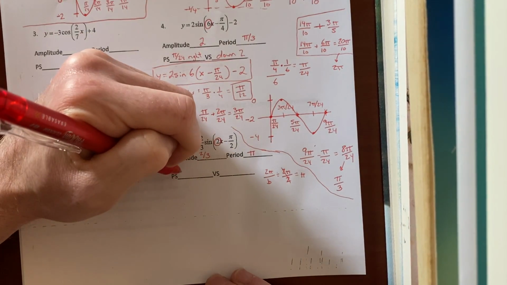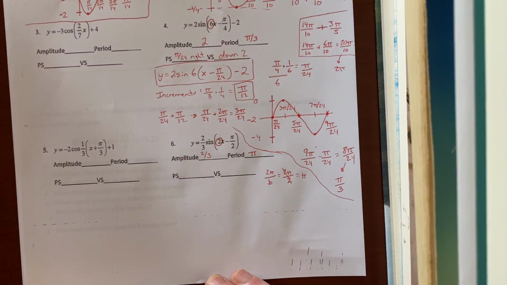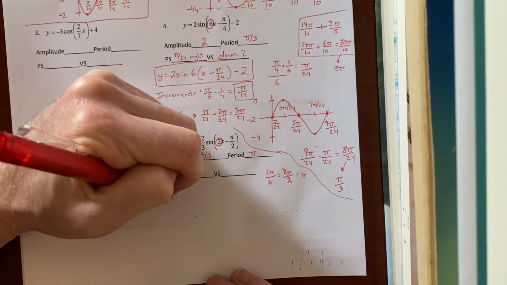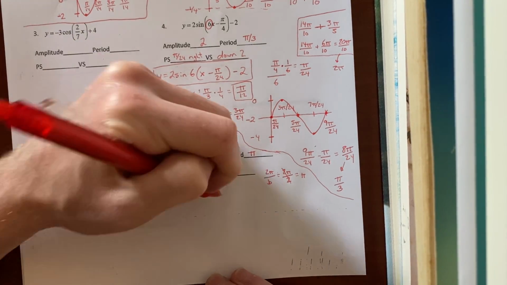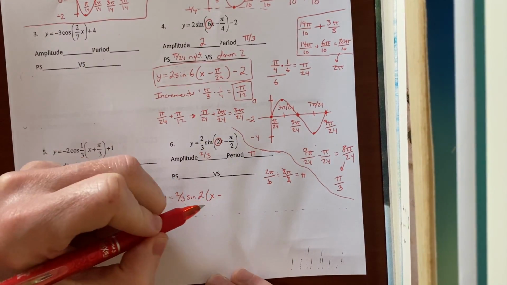The phase shift, I got an undistributed 2. If there was no 2 here, I could just say it was pi over 2 to the right. But there is a 2 there, so I can't do that. Got to undistribute first. 2/3 sine, pull the 2 out. The x goes there. It still stays as a subtraction sign.